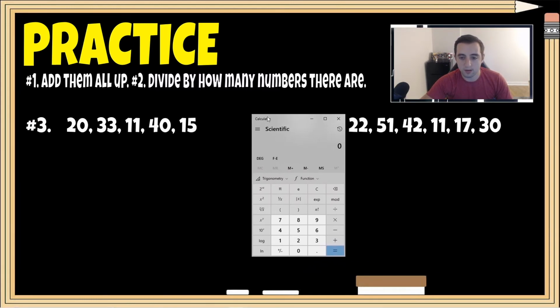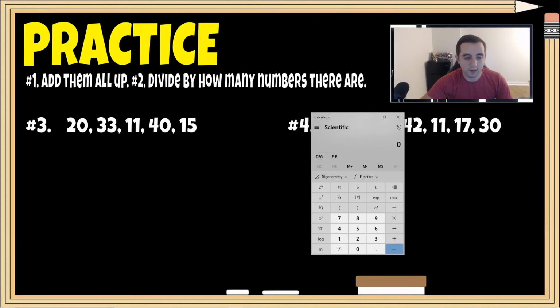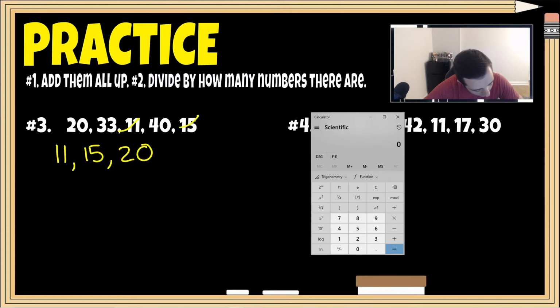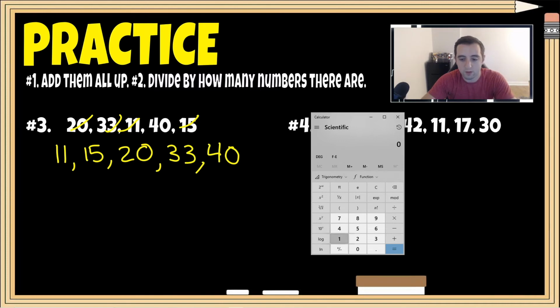I'll just keep the calculator on the screen since we're not worried about 4 for right now. For number 3, let's order them from least to greatest. So we have 11, 15, 20, 33, and finally 40. We'll go ahead and add all of these together. So we have 11 plus 15, followed by 20.